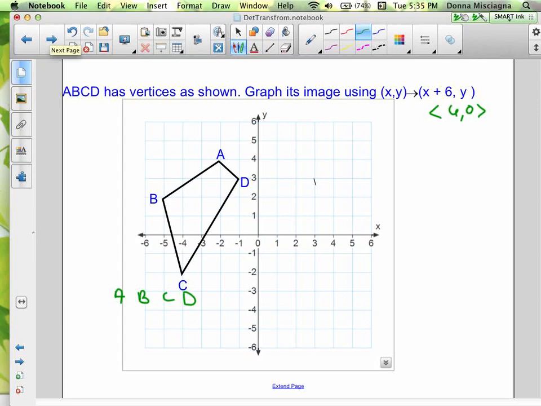A is located at -2, 4. Let me also note, X is on top and Y is on the bottom. B is located at -5, 2. C is located at -4, -2. And D is located at -1, 3.